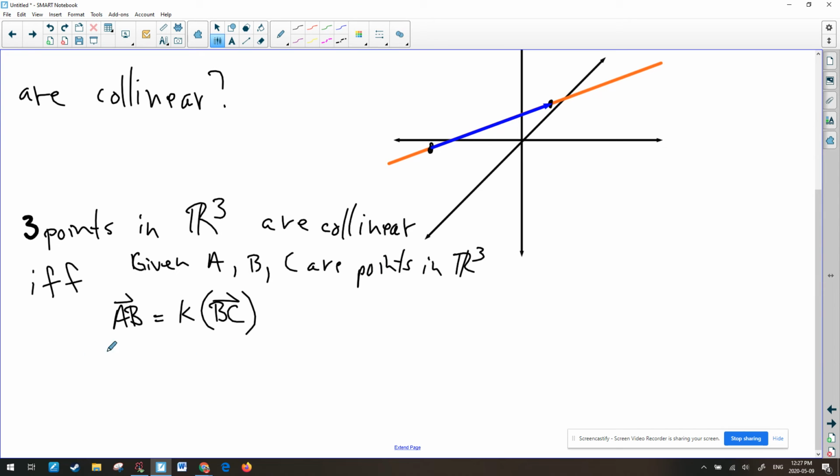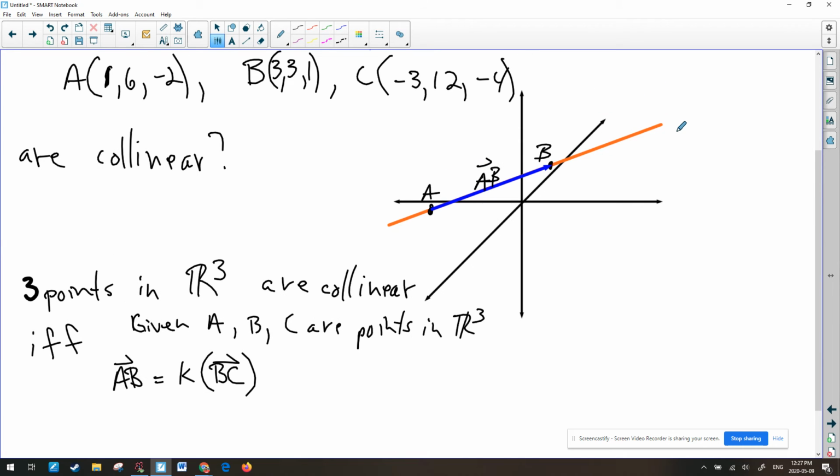What it's saying is, if I create this vector that goes from point A to point B, that's going to be the vector AB. And then I've got another point out here, and maybe it's on the line, maybe it's not. For our purposes, let's say that it is on the line.